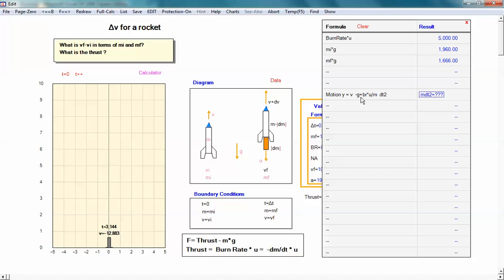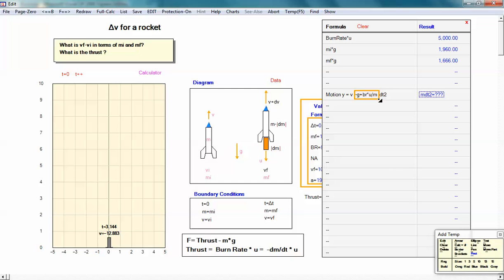And what's the differential equation? Well, if you look at this, it's essentially the thrust divided by m, which is the acceleration. So what you do with the program is you plug the acceleration into the program, and it generates the motion.